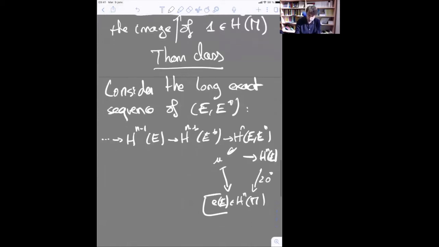And what you get here is called the Euler class.